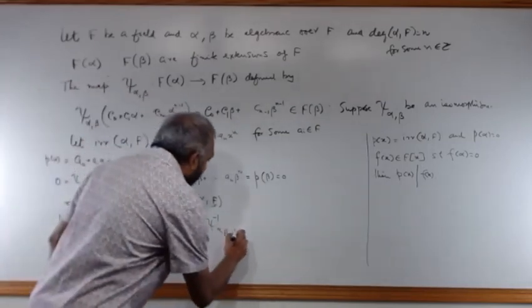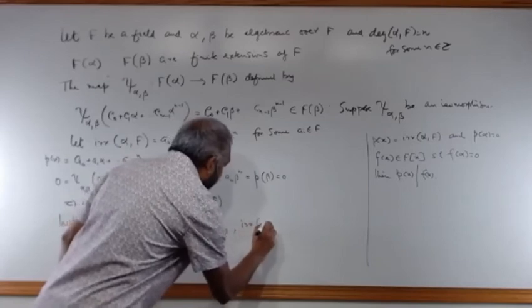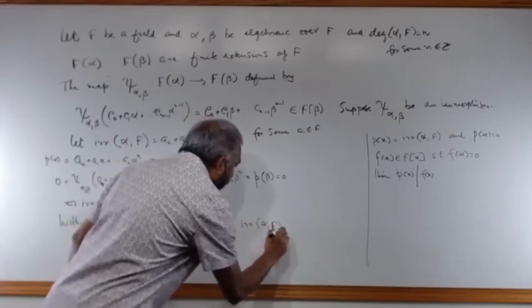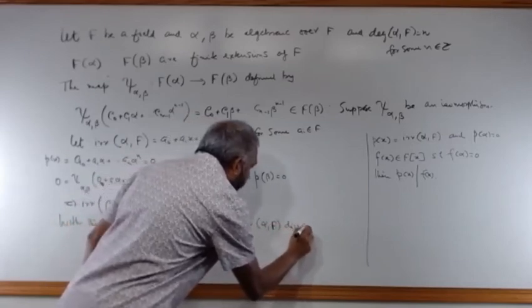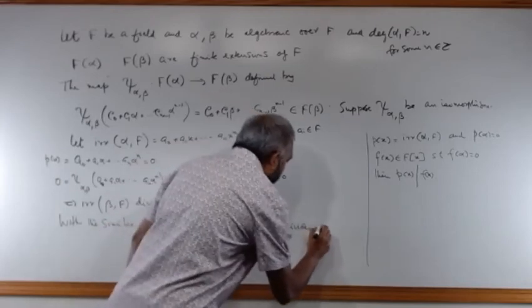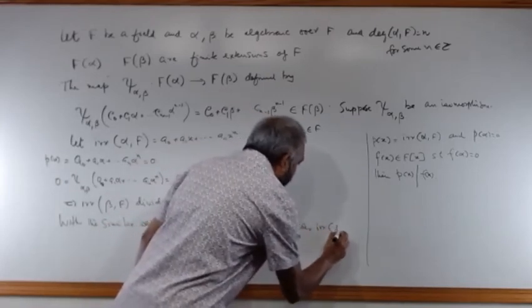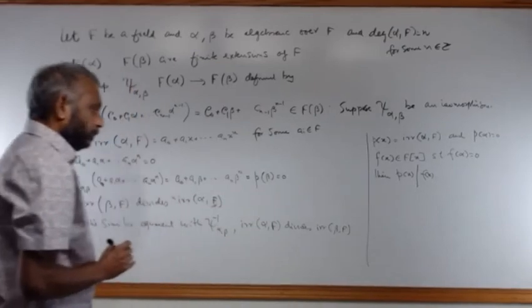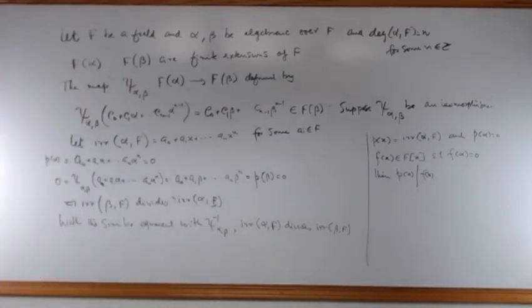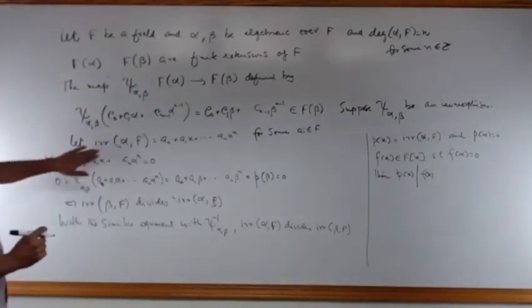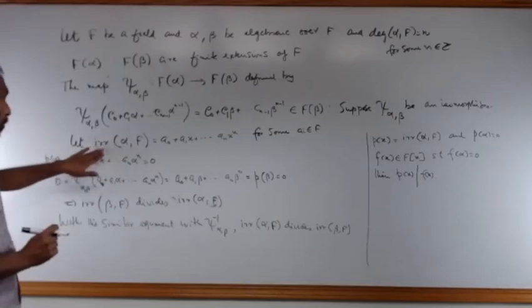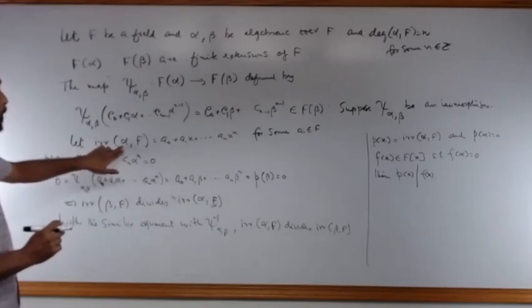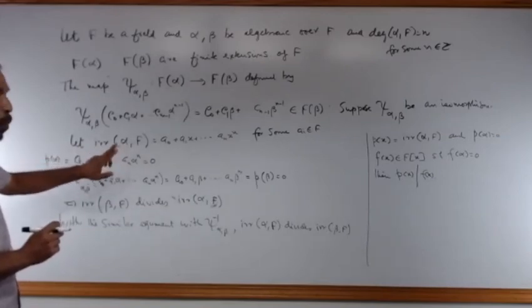We can say that the irreducible polynomial of alpha over F divides the irreducible polynomial of beta over F. And irreducible polynomials are all monic polynomials, like the coefficient of the highest degree is always 1.